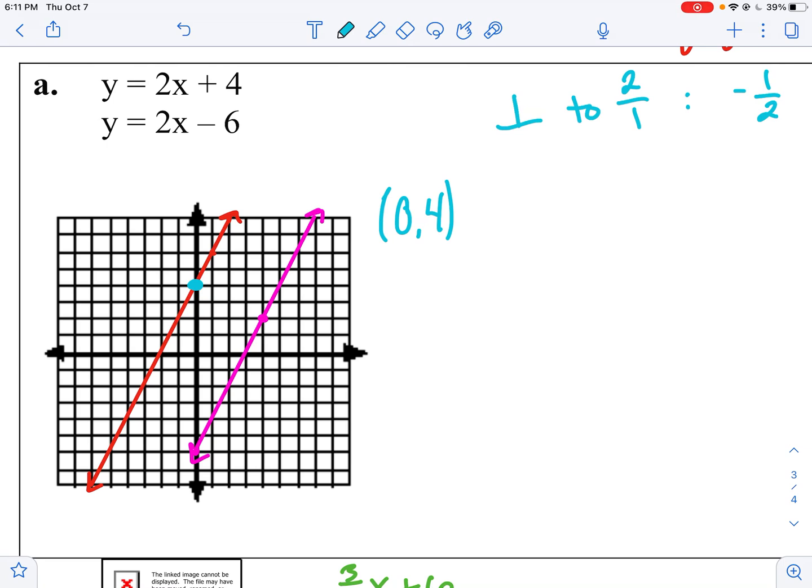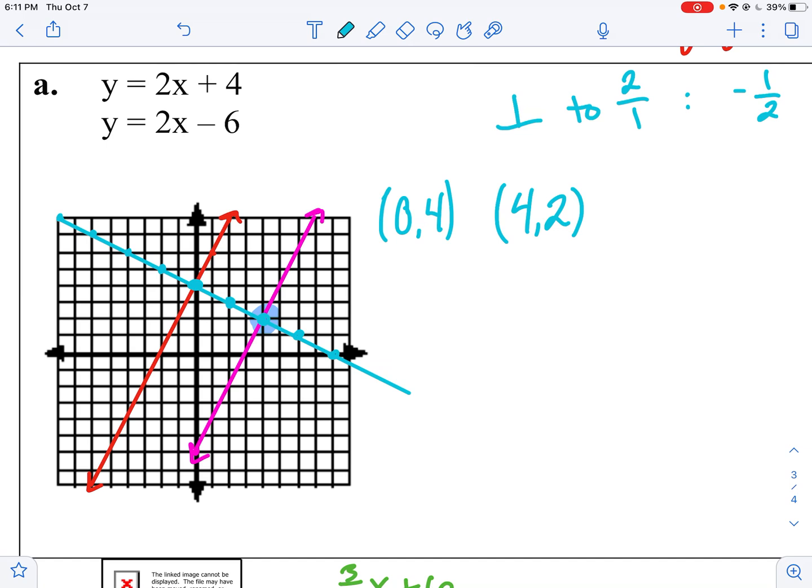So I'm going to do my slope of negative 1 over 2 from my starting point. Draw my perpendicular line, and I'm going to look at where I intersect my two lines. What two intersection points do I have? One of them we already knew was (0, 4). This one over here is 1, 2, 3, 4, comma 2.